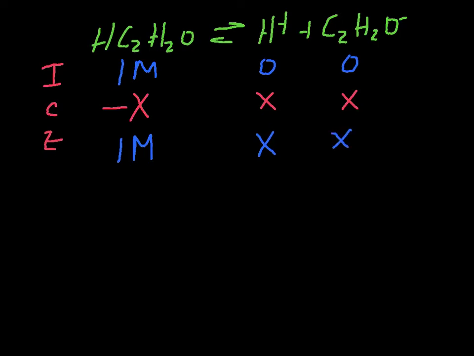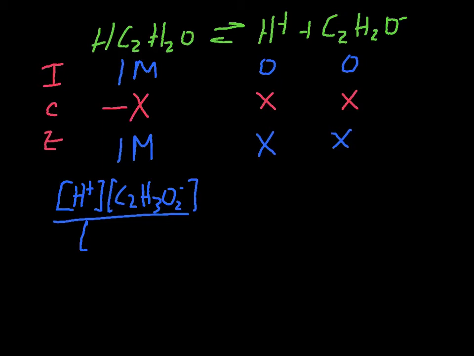The mass action expression says that H plus times C2H3O2 minus molarity divided by the original molarity of the acetic acid on the bottom will all equal 1.8 times 10 to the minus 5, which is the Ka for acetic acid. Now that value has to be given to you in order to do these calculations, but it probably would be given to you, or you'd have to go look it up.